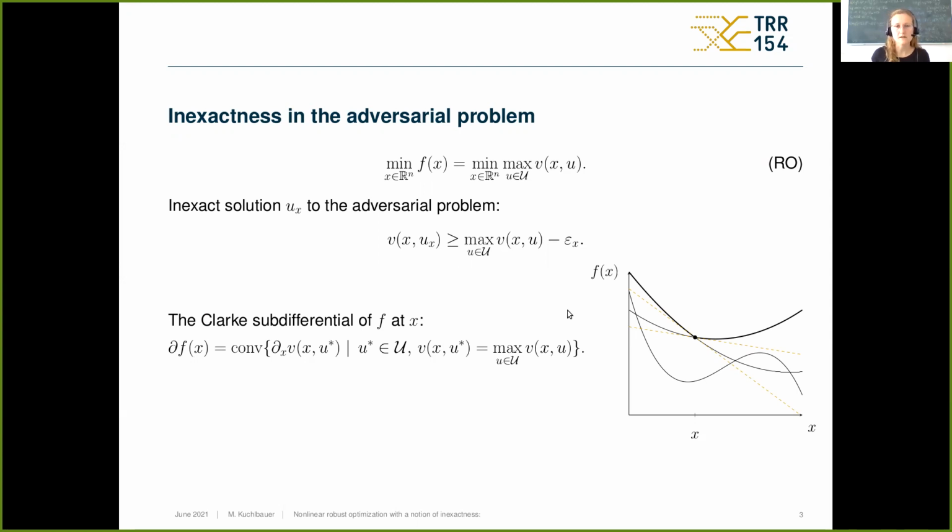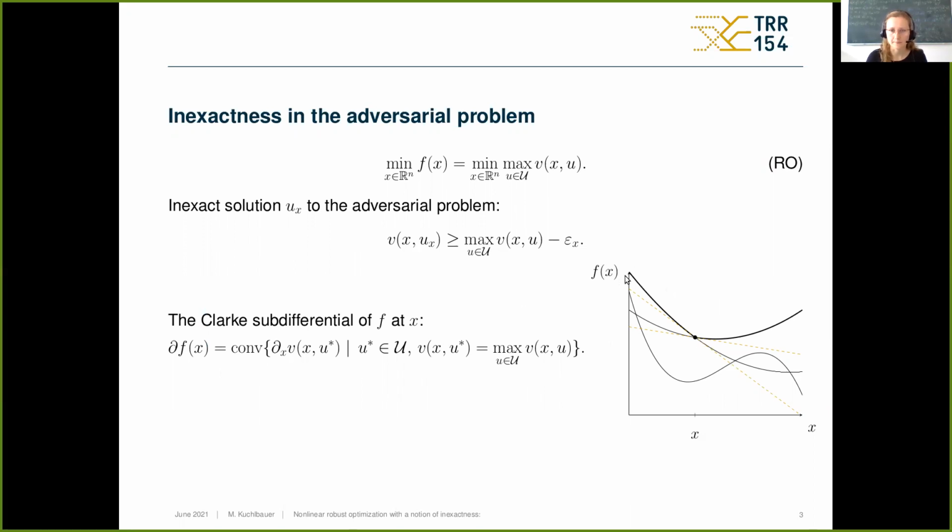But in order to use a bundle method, we do not only need access to function values, but also to subgradients. And usually one uses the Clarke subdifferential in the context of bundle methods. In our case, where we have an optimal value function as objective function, the Clarke subdifferential is computed as it is written here. So that's illustrated here in this picture, where we have that each black graph denotes the function v for one fixed parameter u.